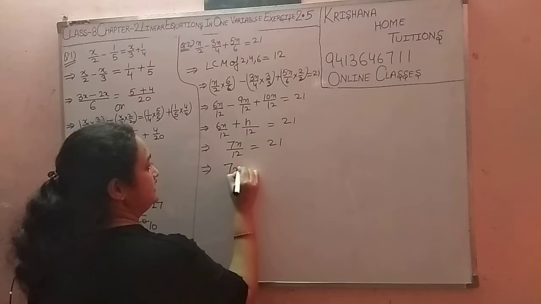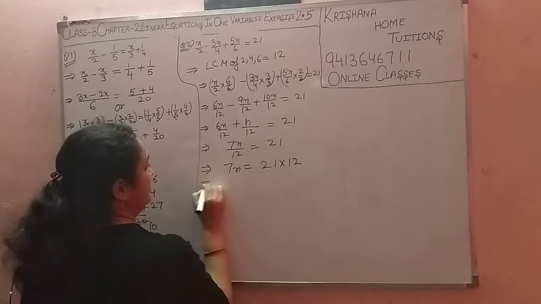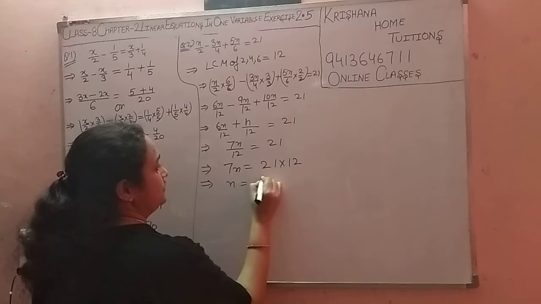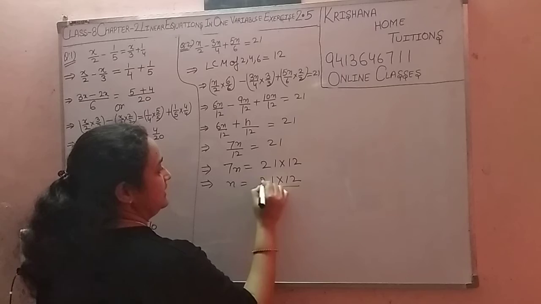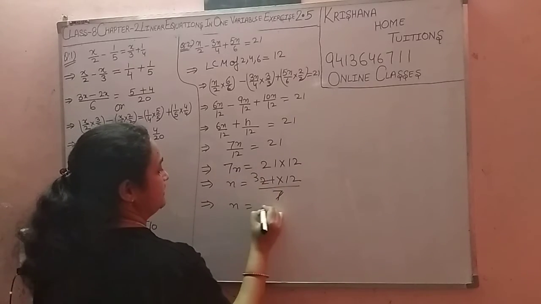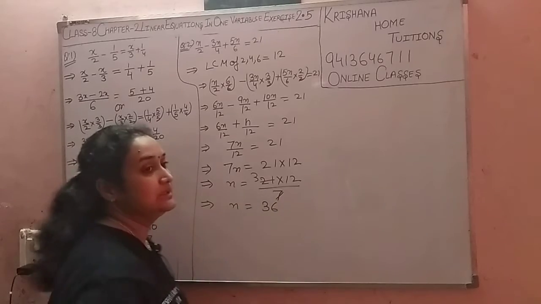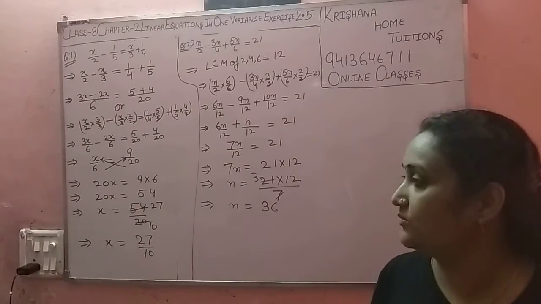So 7n is equals to 21 multiplied by 12. n is equals to 21 multiplied by 12 divided by 7. 7 3s are 21. n is equals to 36. This is the solution of this question.